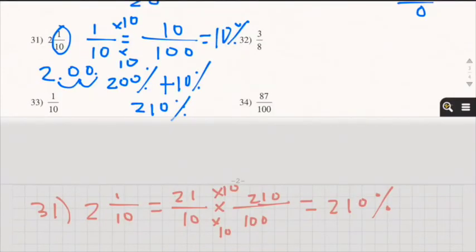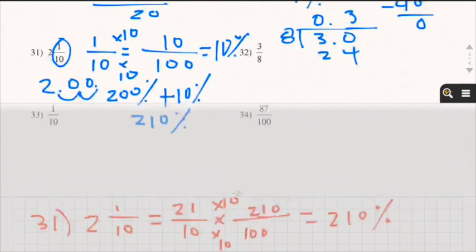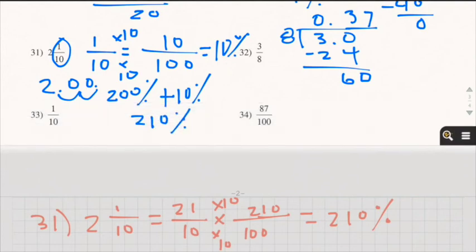Okay, number 32. So again, because we can't multiply the denominator by an easy factor to get it to 100, we'll just do the division method. So we have 8 on the outside, 3 on the inside, add a decimal, add a 0. 8 goes into 3 0 times, bring the decimal up. 8 goes into 30 3 times. 3 times 8 is 24. Subtract those, we get 6. Bring a 0 down. 8 goes into 60 7 times.